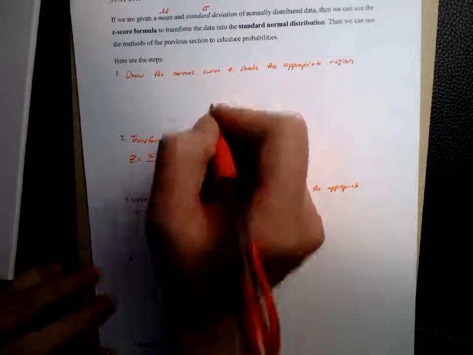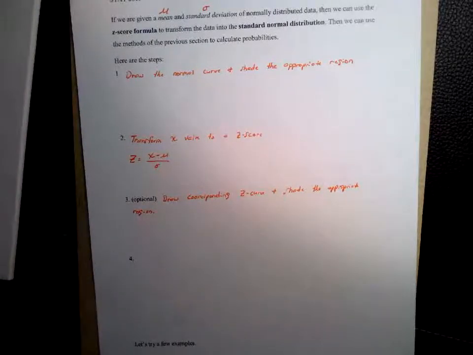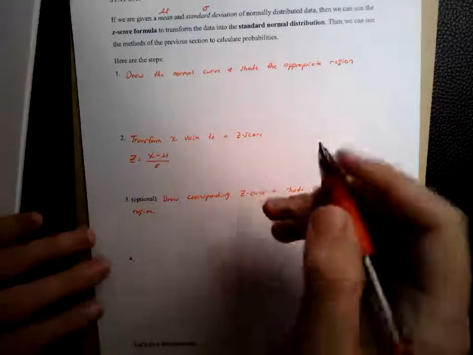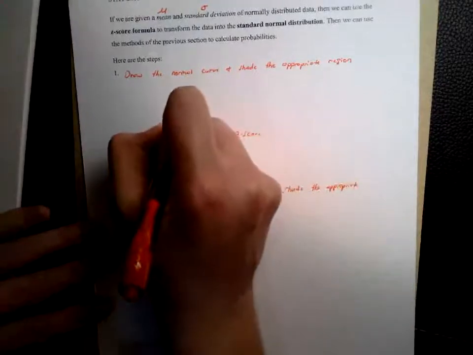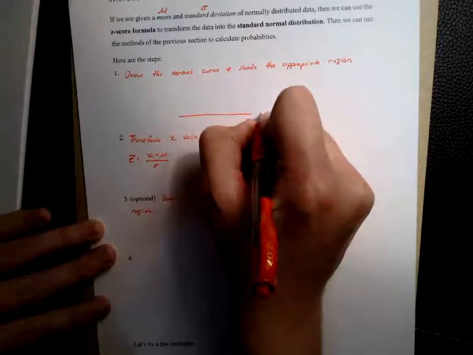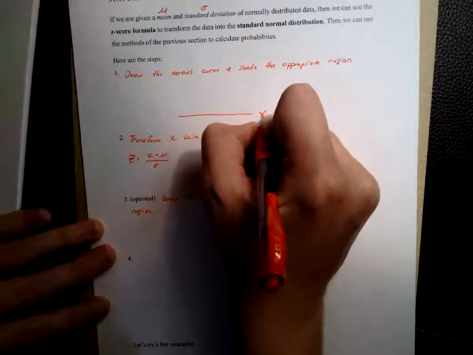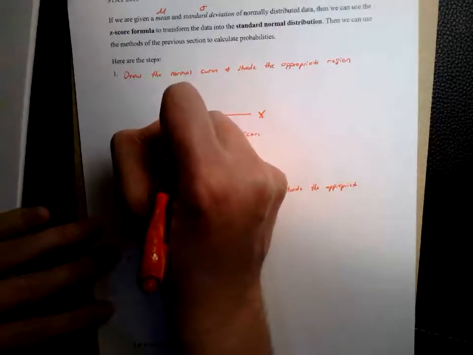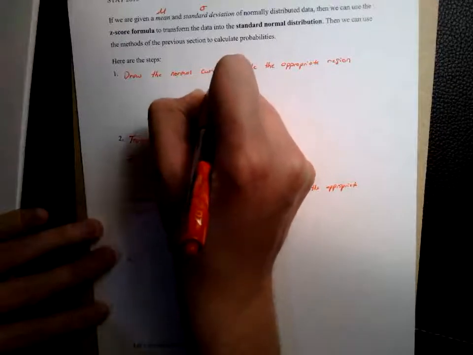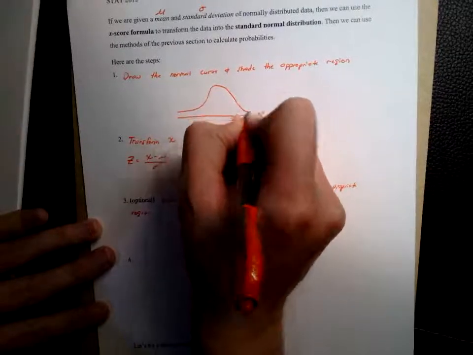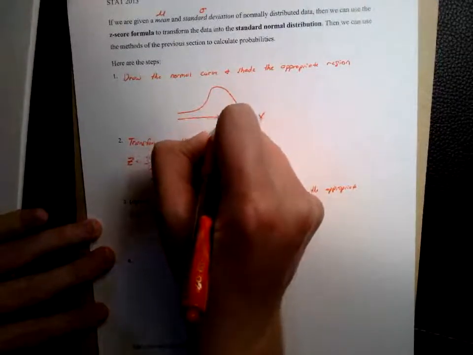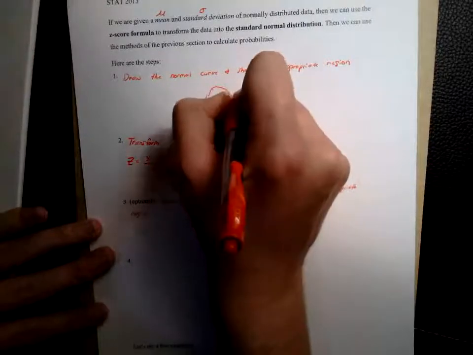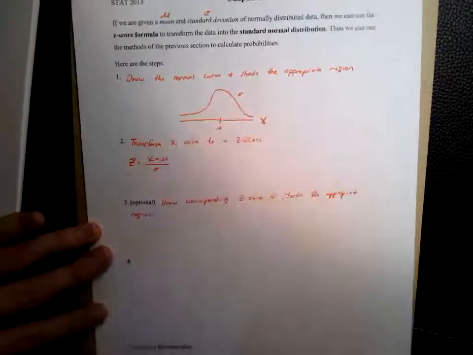So I'm going to go back to this step, and I'm actually going to graphically draw what I mean by draw the normal curve and shade the appropriate region. Then we have our random variable x, and it has a normal distribution, so we'll say it looks like this. And it has a mean at the center, mu, and the spread is measured by sigma.